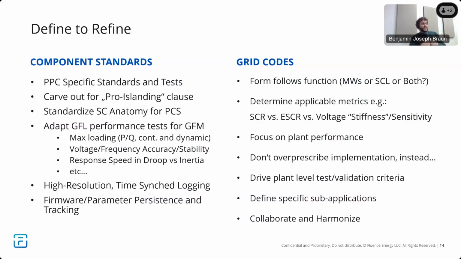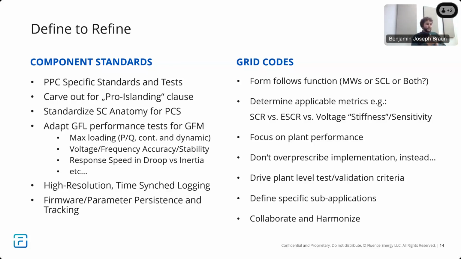There's a give and take from the OEMs and from the grid codes and the developers, but in order to continue to drive the energy transition and to actually bring some of these capabilities up to scale, we need more standards. We need to streamline this. It can't be that everyone's doing their own validation based on what they think is best. We need component level standards. That's not just for the PCS component, but also for a plant level control.